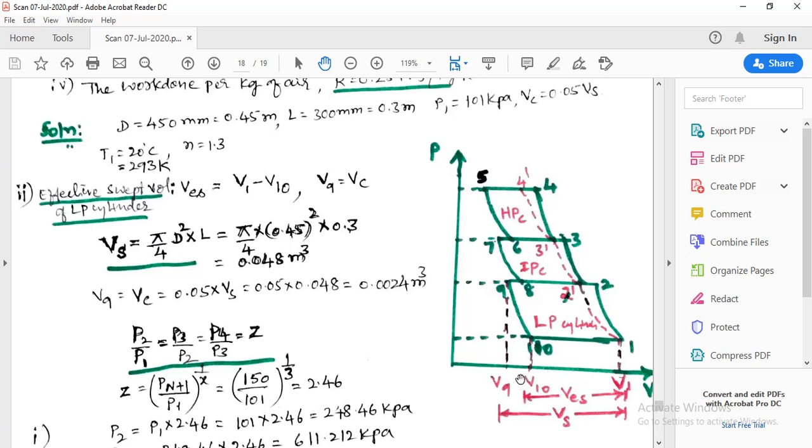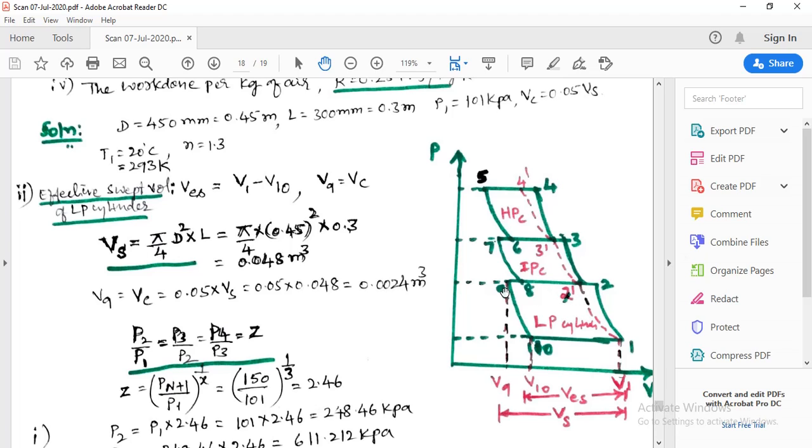The actual volume of air that should be sucked during the suction stroke in the LP cylinder must be equal to Vs. But due to the high pressure air present in the clearance volume, the actual volume of air entering the cylinder is the effective swept volume, that is equal to V1 minus V10. After compression, this volume is compressed to V2 minus V9.